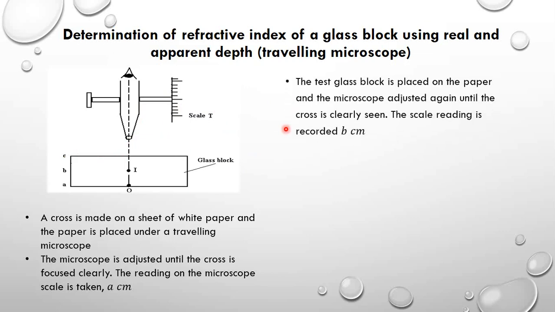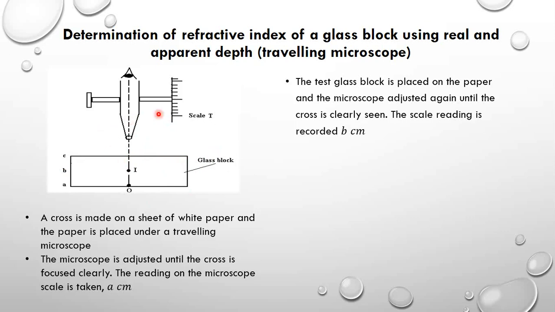Then after that, we are going to sprinkle lycopodium powder on the top of this glass block, or you can even sprinkle chalk dust if you don't have lycopodium powder. And then after sprinkling it, we are going now to focus that lycopodium powder.